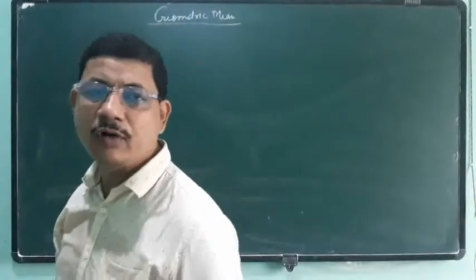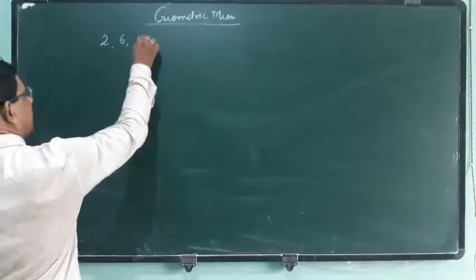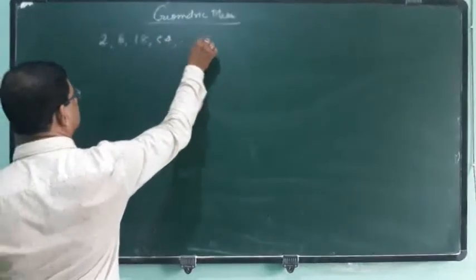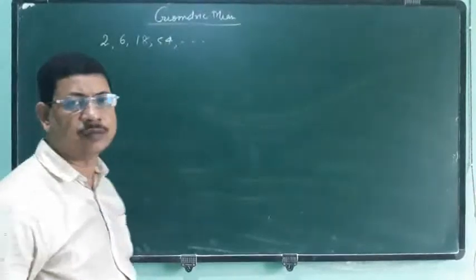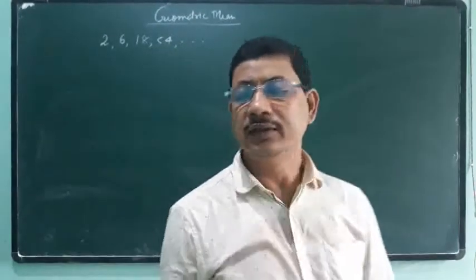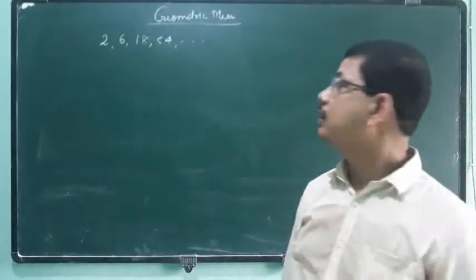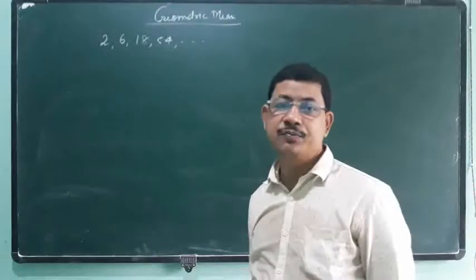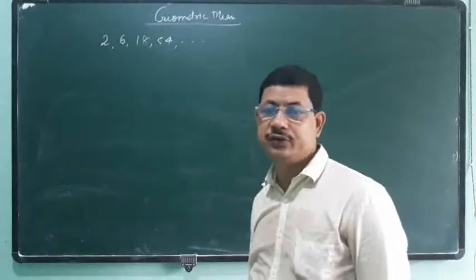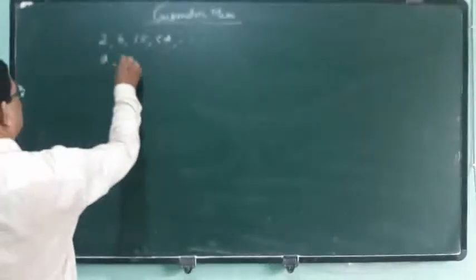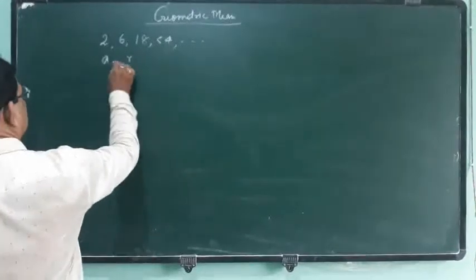The name itself suggests geometry, but actually not that. If I write 2, 6, 18, 54, like that, these numbers proceed by multiplying. Here the first term is a and the common ratio is r.